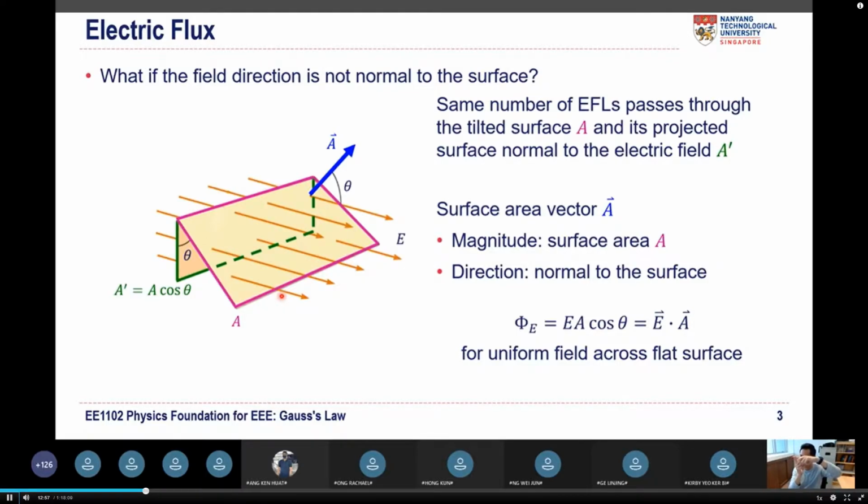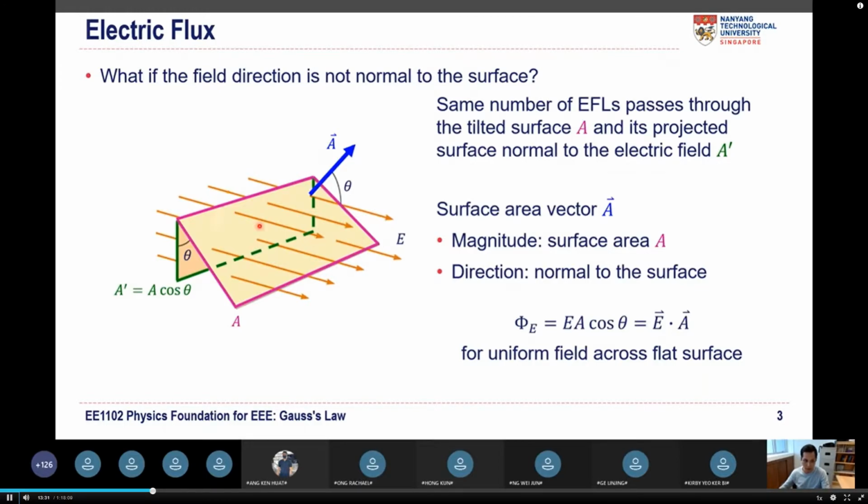But as the area vector moves away from the direction of the electric field, the flux will reduce, because the number of lines passing through, as you change the angle of the surface, is going to reduce. At what point would it become zero? It would become zero if the surface itself is in the same direction as the electric field, or the area vector is 90 degrees to the electric field.